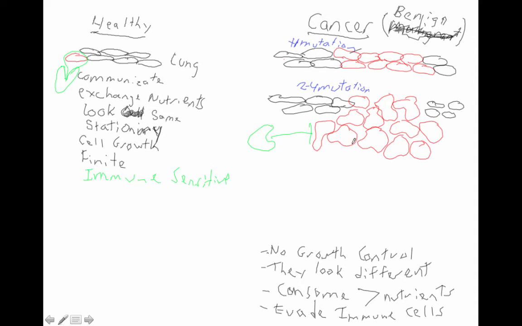Now, what these cells will do, and this is going to require some additional mutations, let's say we're going to get about, in this whole process, another 2 to 4 mutations. These cells now, they will send out chemicals. Don't worry too much about me saying they're sending out chemicals, but they are sending out these chemicals.